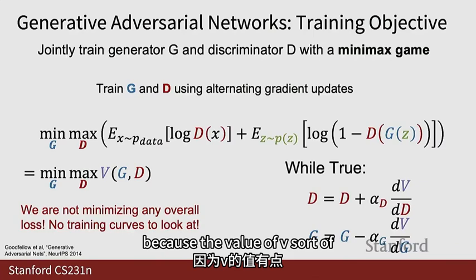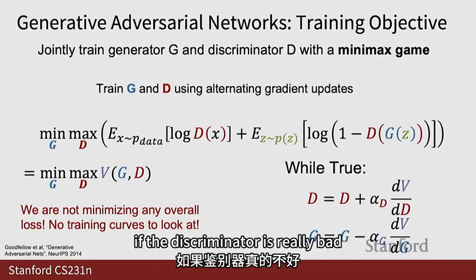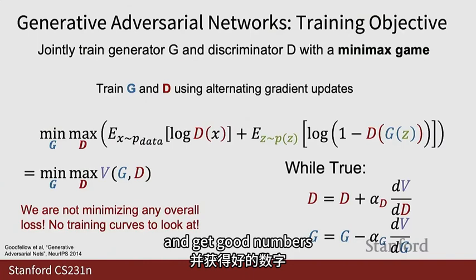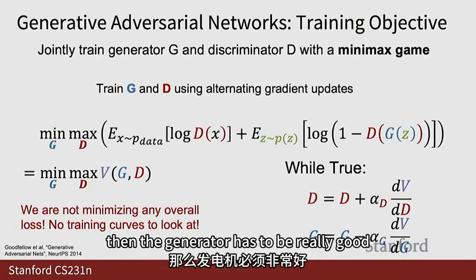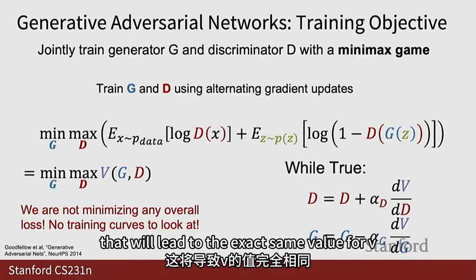Because the value of V depends on how good the discriminator is. If the discriminator is really bad, then it's really easy for the generator to fool it and get good numbers. If the discriminator is really good, then the generator has to be really good. So different settings of D and G can lead to the exact same value for V.